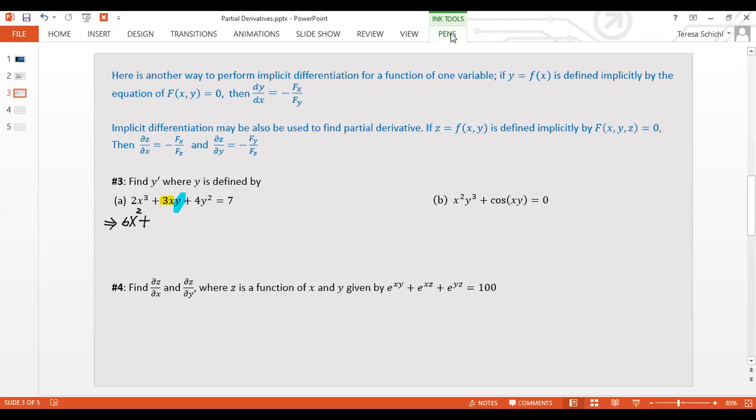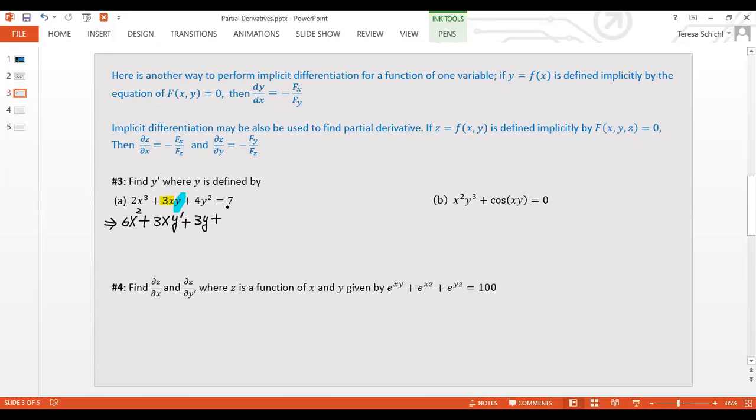Because y is a function of x, I need to use the product rule. So I hold the first one and take the derivative of the second one. So y, take the derivative is 1, but every time you take y, don't forget you need to take a y prime. Then you hold the second one, you take the derivative of the first one, so it's 3y.